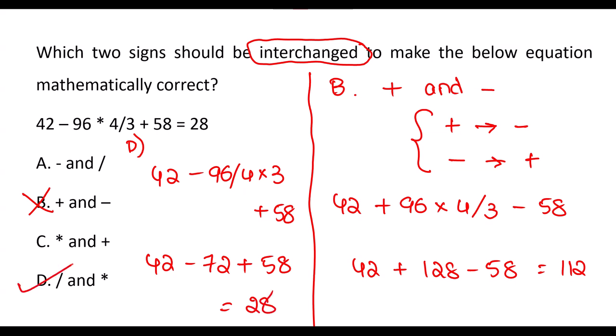Correct. D is correct. Division as multiplication, multiplication as division. 96 divided by 4, 24. 24 into 3, 72. 42 minus 70, or else 42 plus 58 is 100. 100 minus 72 is 28.